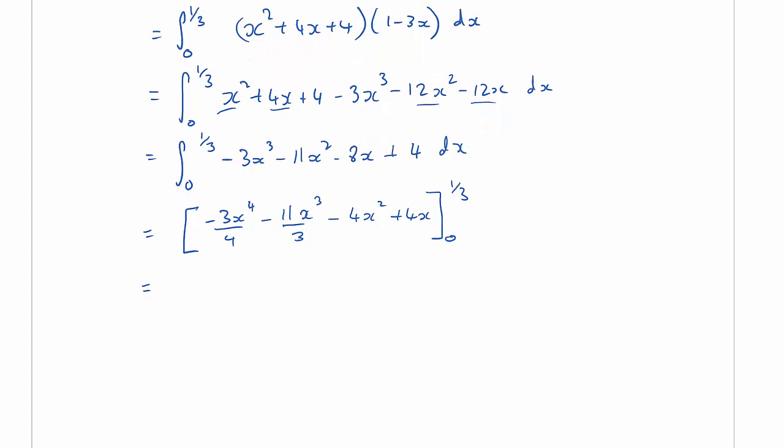And actually, only the 1/3 is actually going to give us a value here. So we've got negative 3 times (1/3) to the 4 over 4. Take away 11 times (1/3) cubed over 3. Take away 4 times (1/3) squared, add 4/3.